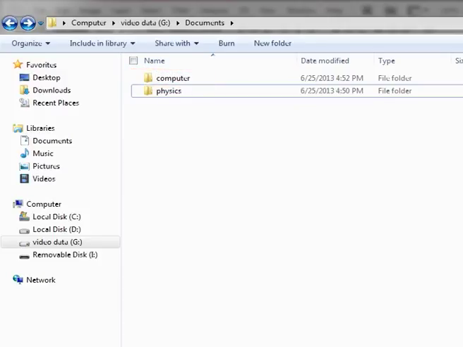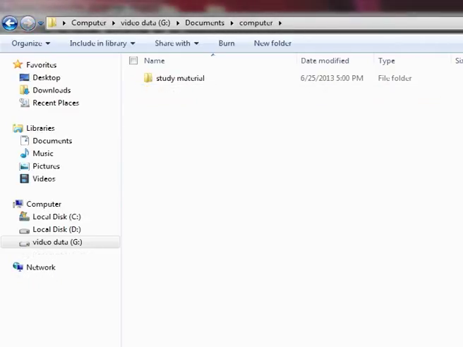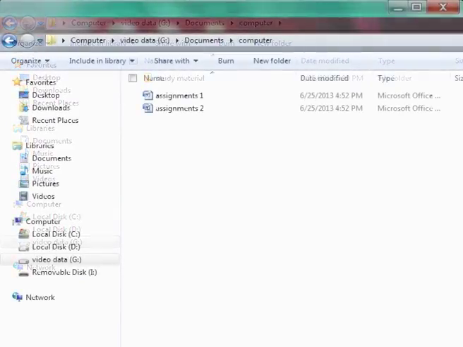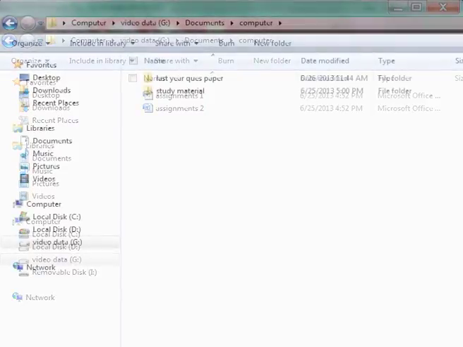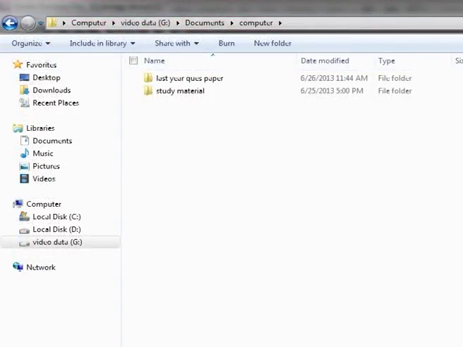These folders can have subfolders, such as a computer study material subfolder to contain files related to study material. The assignment subfolder may contain files related to assignments. The last year question paper subfolder may contain files related to last year question papers.